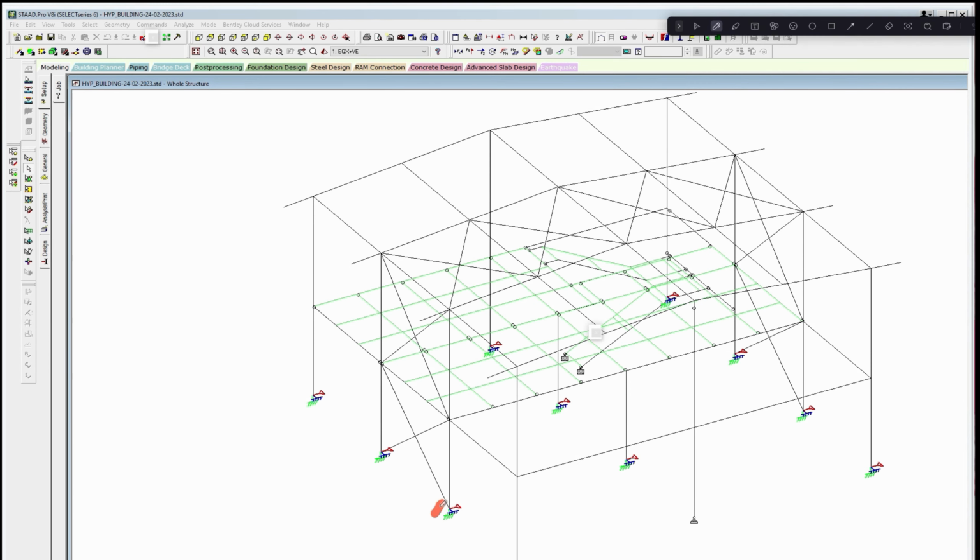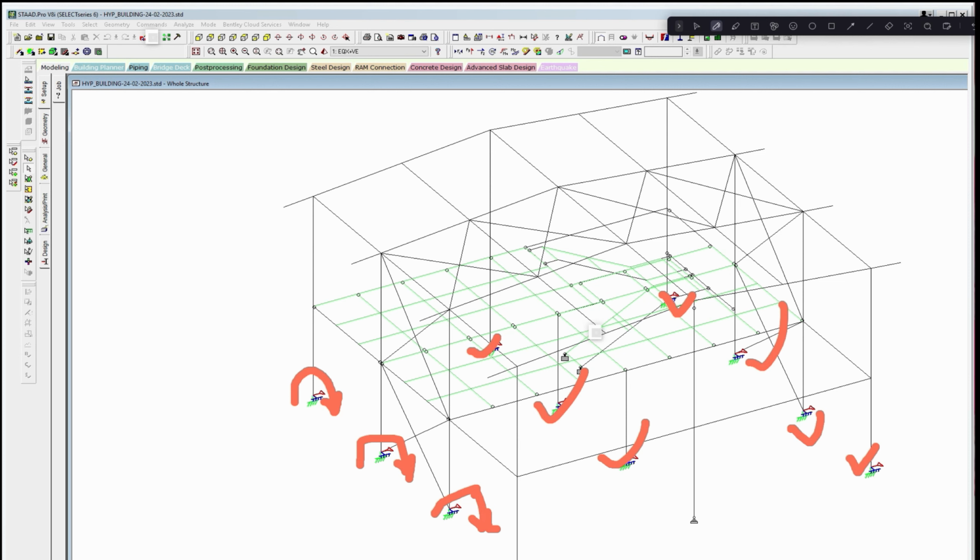These columns are fixed about this direction, similarly these columns. So we have to keep in mind the direction of fixity while designing the footing in order to arrive at an economic foundation design. For this column, we shall design an isolated footing.